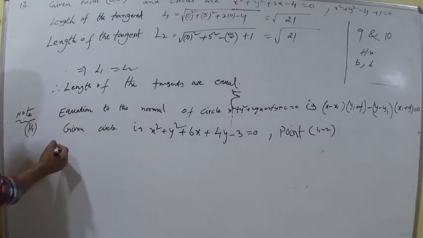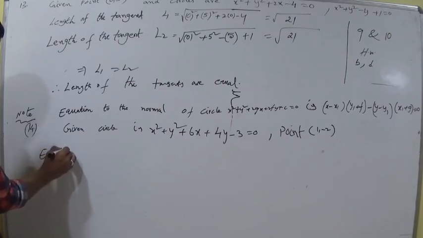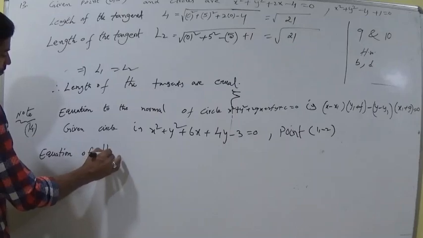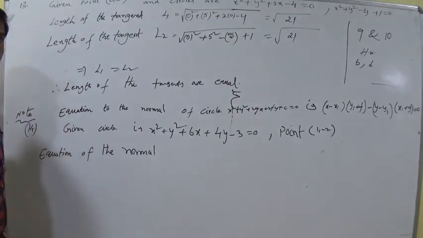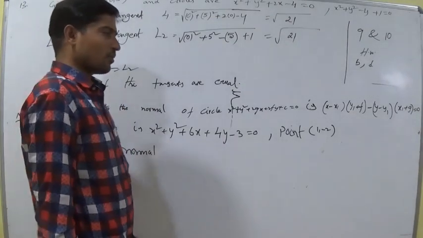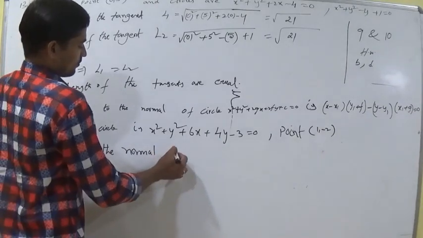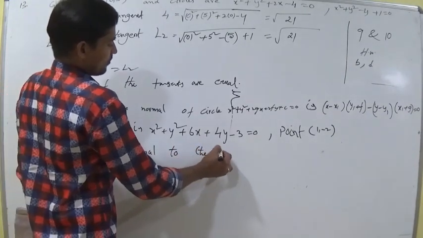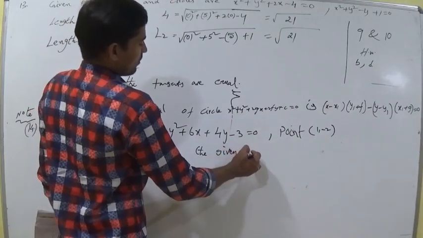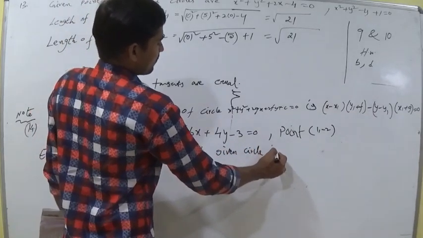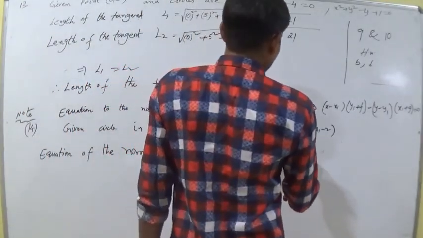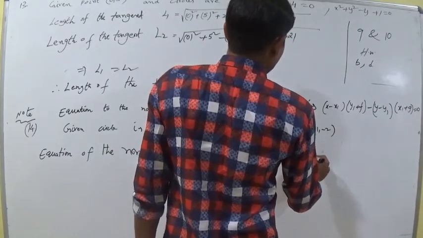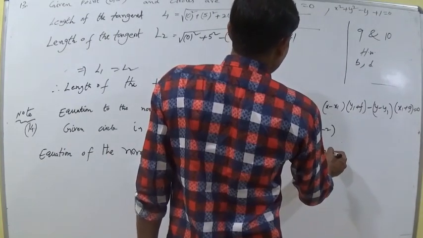Equation of the normal to the given circle is (x minus x1) into (y1 plus f) minus (y minus y1) into (x1 plus g) equal to 0.